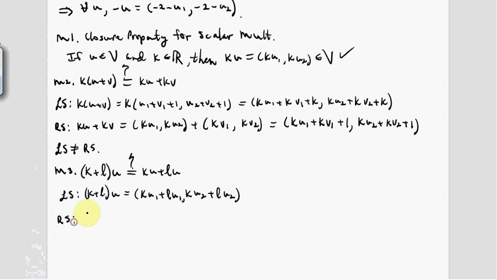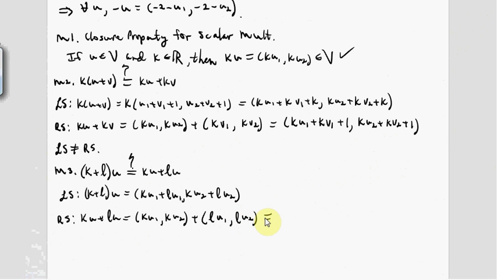And what about the right side? This is ku plus Lu. It's very similar to the previous axiom in terms of how things worked out. Before you add, I have to deal with the order of operations of multiplication. Multiply the scalar times the vector. So this is k u sub 1, comma, k u sub 2, plus L u sub 1, comma, L u sub 2.